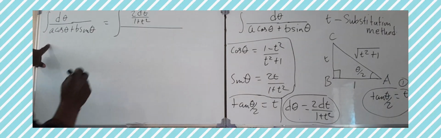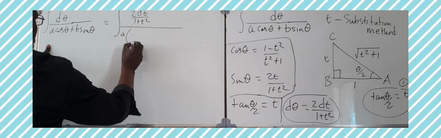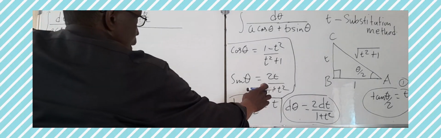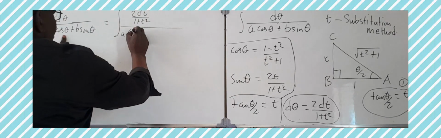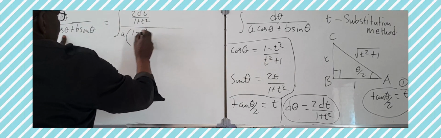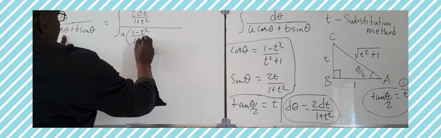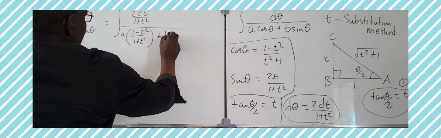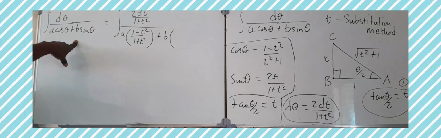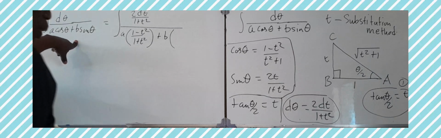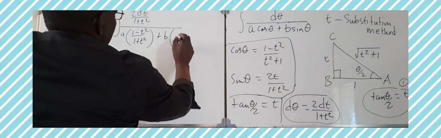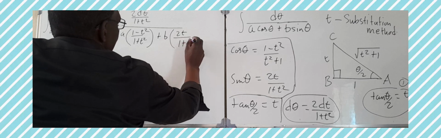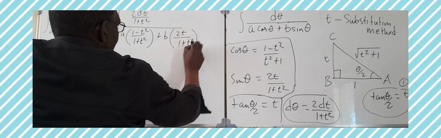We have a multiplying cosine of theta. My cosine of theta is 1 minus t squared over 1 plus t squared, brackets, plus b multiplying my sine of theta, which is equal to 2t over 1 plus t squared, close bracket.